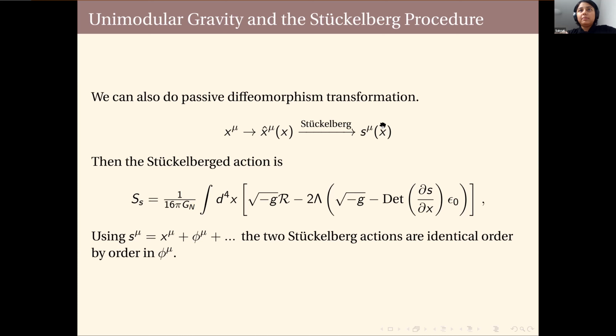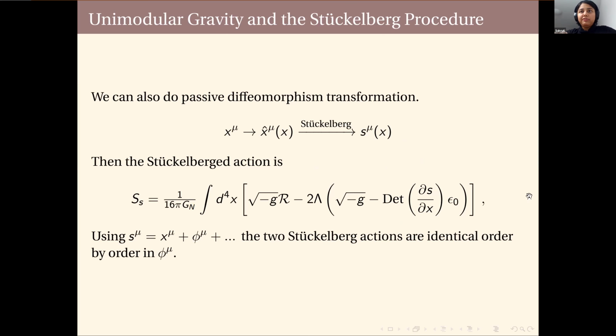So this was a coordinate, but now this is a field. And then when we transform coordinates, we are supposed to include the Jacobian in the action and write the determinant of the Jacobian, and that is this term, determinant of partial S by partial x. And this is what the Stückelberged unimodular gravity action looks like.